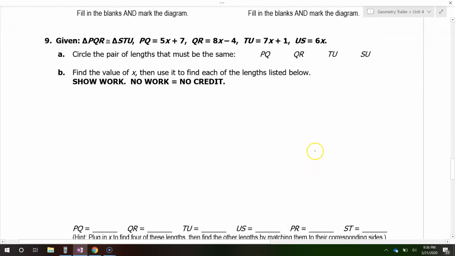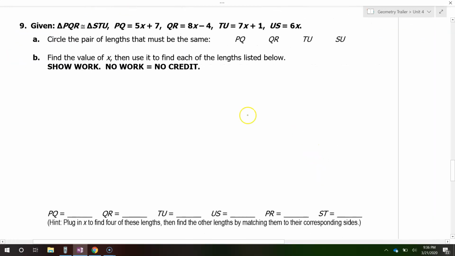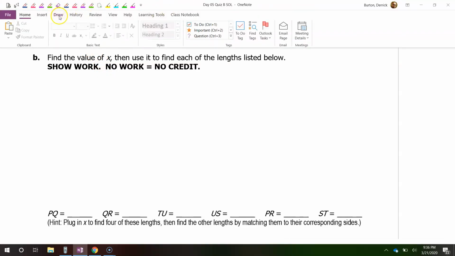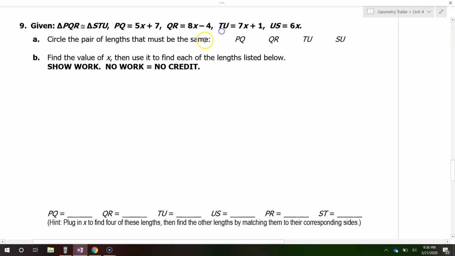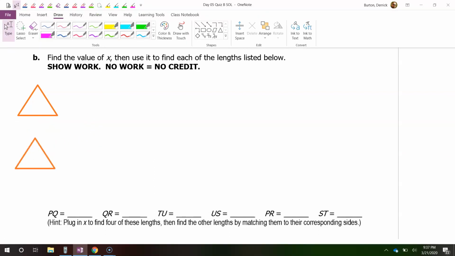Okay, let's solve some stuff. Triangle PQR is congruent to triangle STU. I think it would be helpful to draw some triangles just to help us visualize what's going on. So here's a triangle, and here is another triangle. I'm going to spread them out a tiny bit.